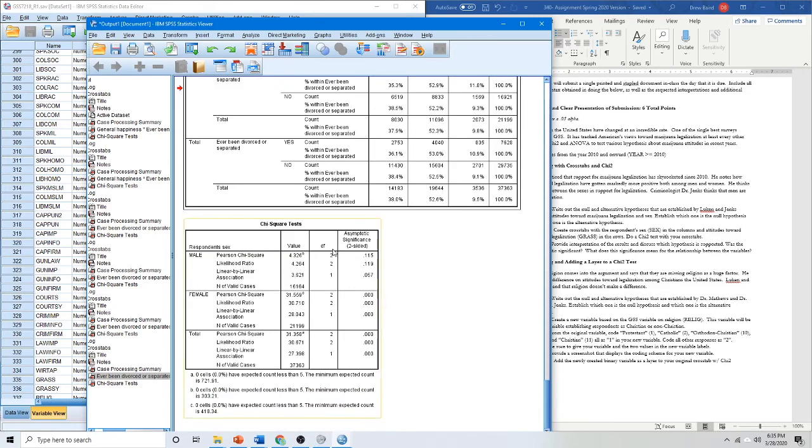Actually, this is particularly interesting because you can see that there is a statistically significant relationship between being divorced and happiness for women, and not a statistically significant relationship for being divorced in men.